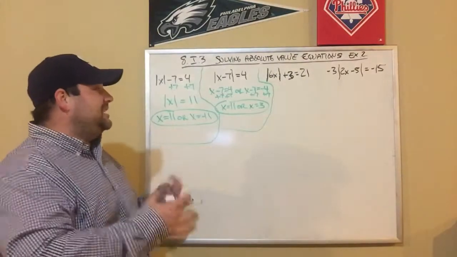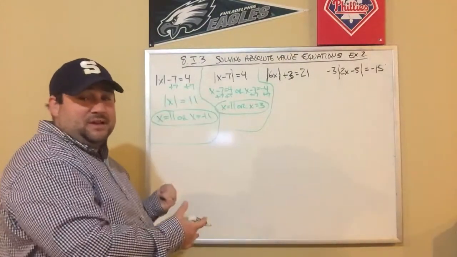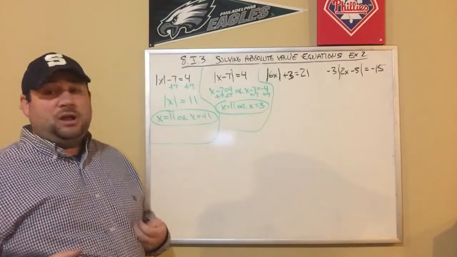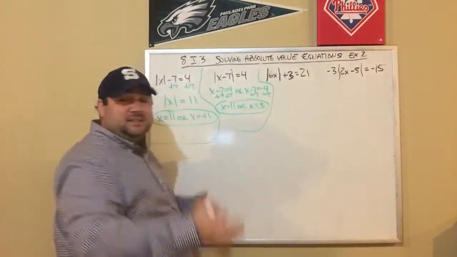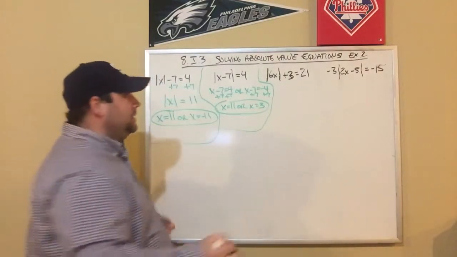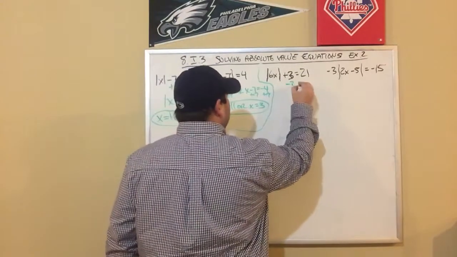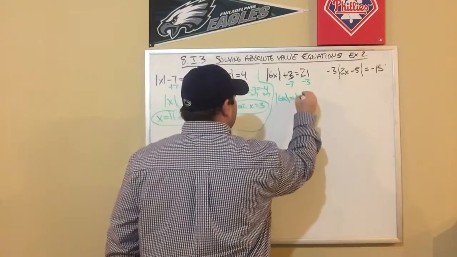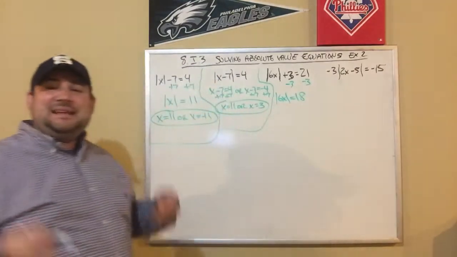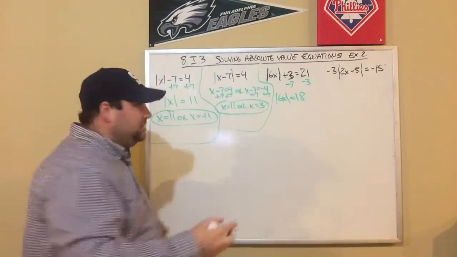The absolute value of 6x, that's inside the absolute value symbol, plus 3 equals 21. I can't solve this until I get rid of this plus 3. I need it to be absolute value equals, so I'm going to subtract 3. Now the absolute value of 6x equals 18, and now I can solve this. I can split it into 2 equations.